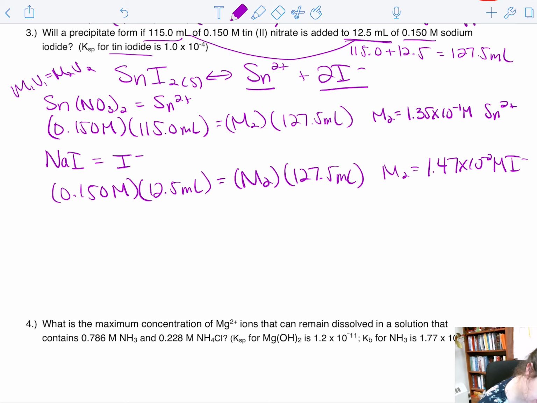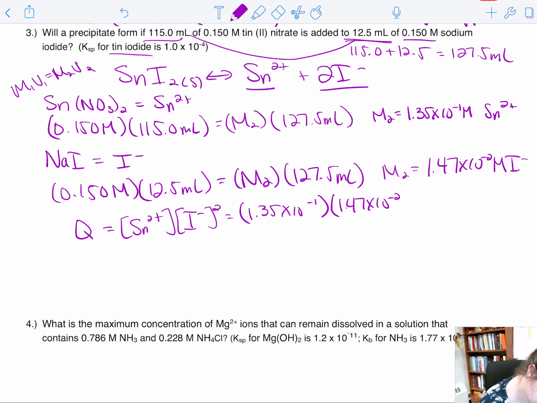That will then go into our Q expression. Q is equal to tin concentration times our iodide concentration squared. So it would be equal to 1.35 times 10 to the negative 1 times 1.47 times 10 to the negative 2, squared.